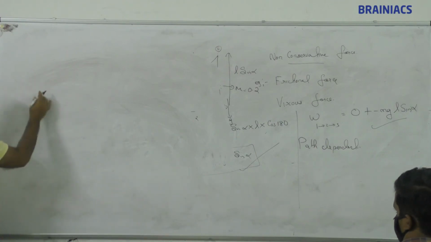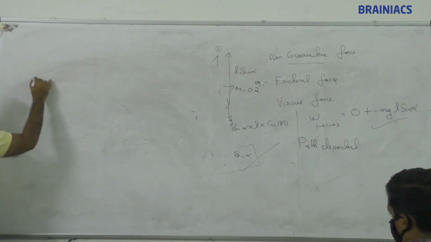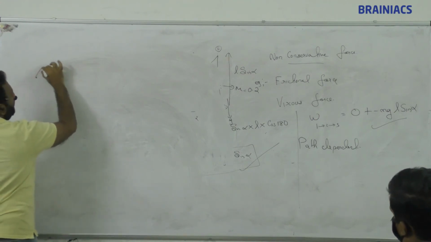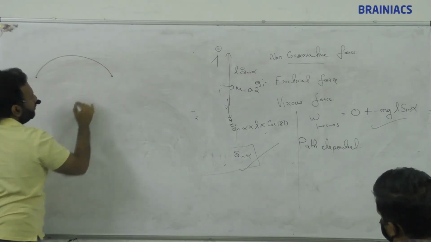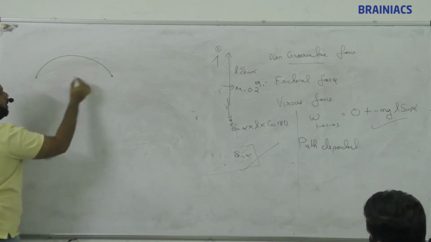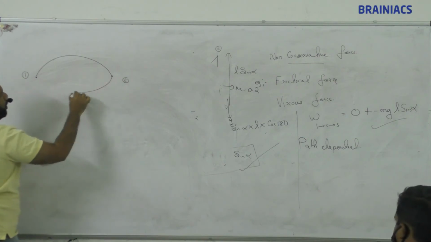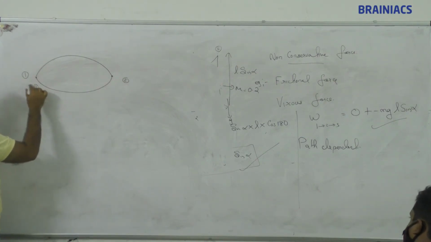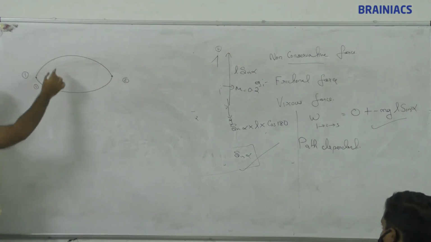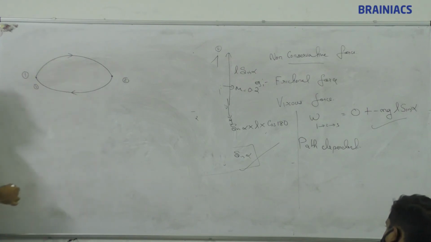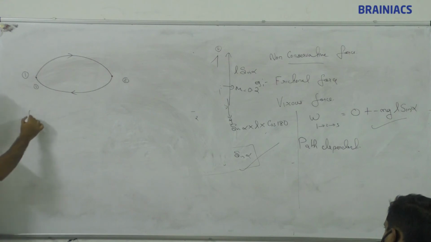Shall I ask you one thing? See, this is point 1, this is point 2, we came back to point 1 again. Okay, so what will be the work done? 0, in both the cases.